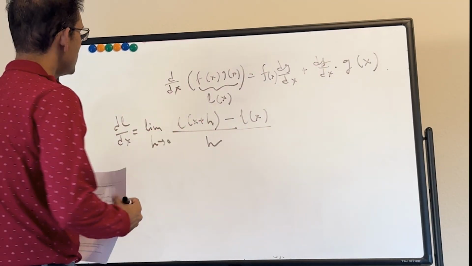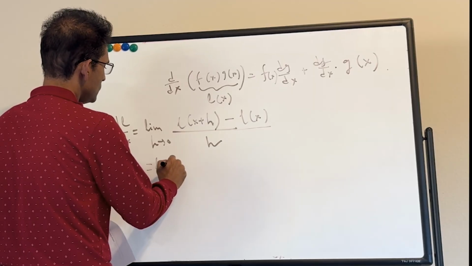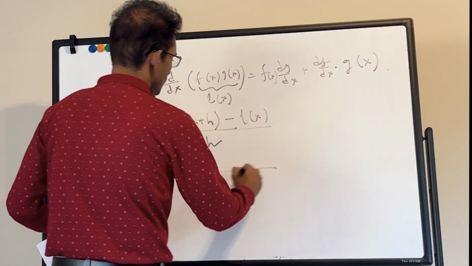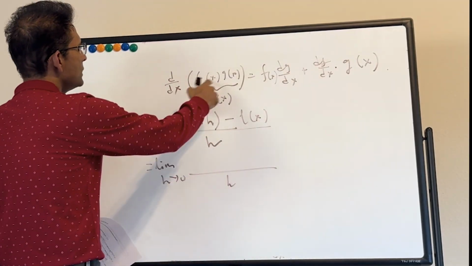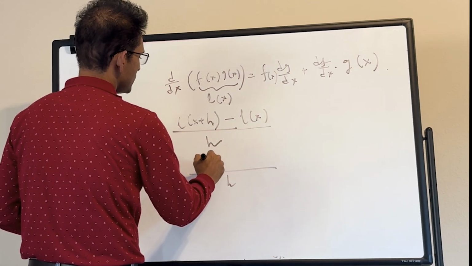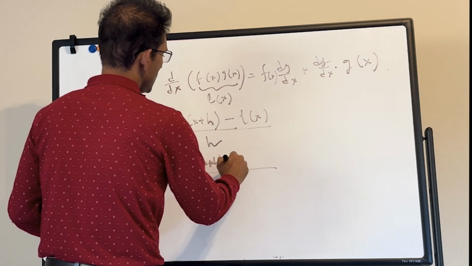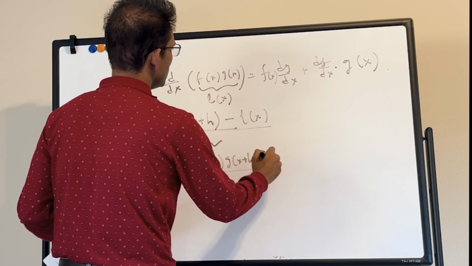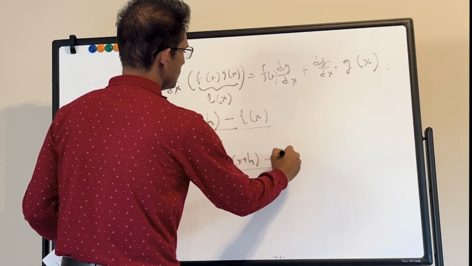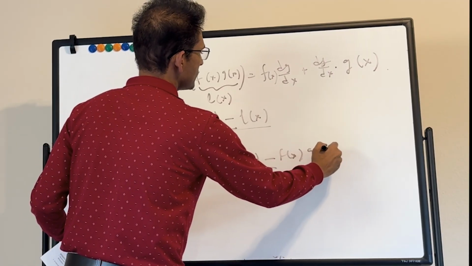So what is L(x+h)? You have limit h going to 0, h in the denominator, L(x+h) is just f(x+h) times g(x+h), and then you have L(x), which is just minus f(x) g(x).